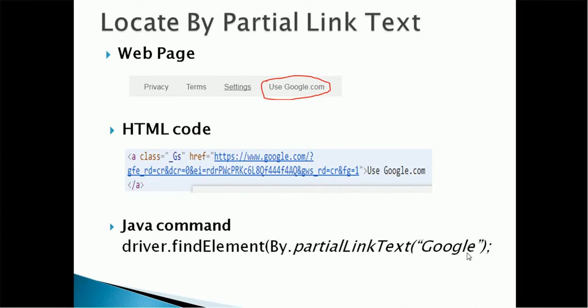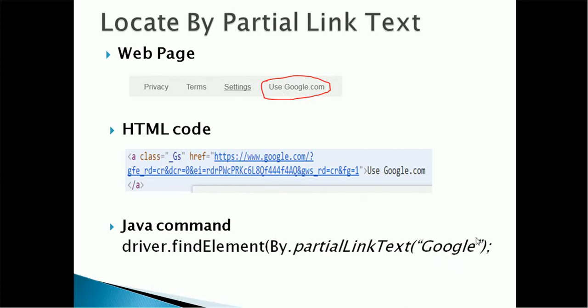So one thing you want to ensure when you are doing partial link text is that the web application should not contain another link with the same text. For example, I need to ensure that this Google web page should not contain the text Google other than this one, google.com.